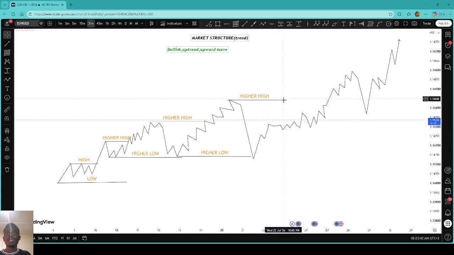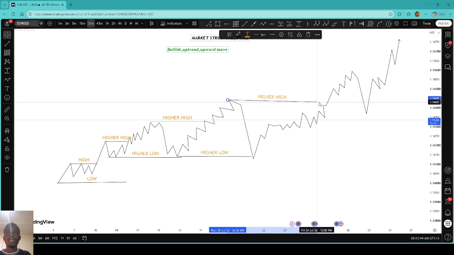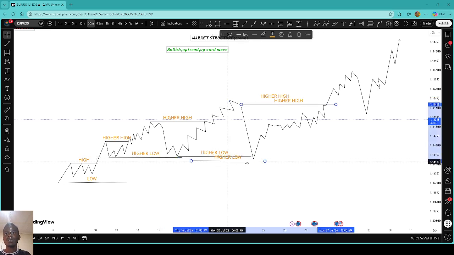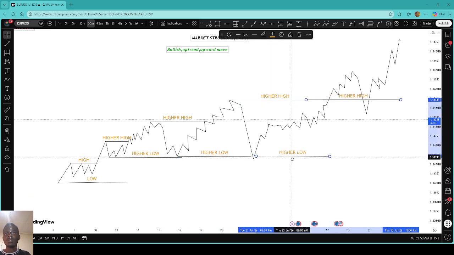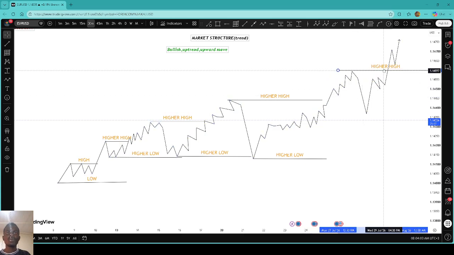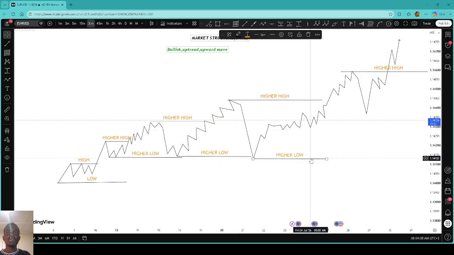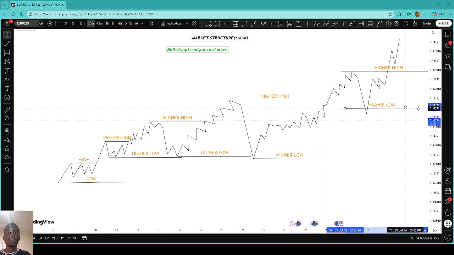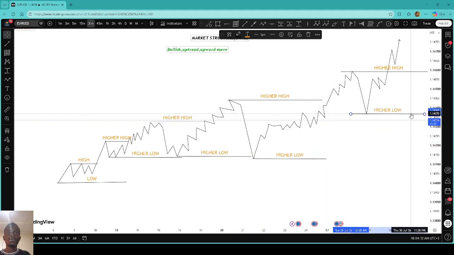We learn that as time goes by. So it has created a higher high. Now creating another higher low. We now have another higher high. And now we have another higher low.